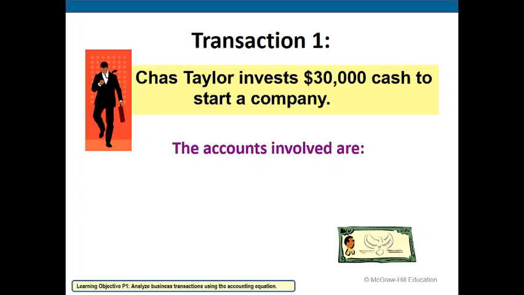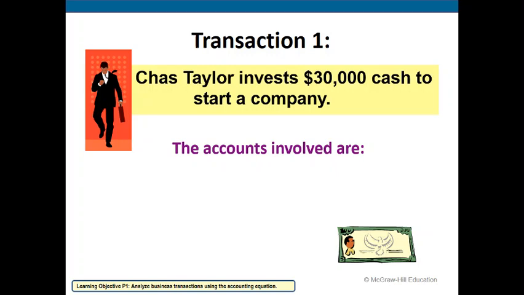Well, him signing that contract is certainly a business activity, but it doesn't change anything in the accounting equation, at least not yet, not till you pay him. So not all business activity affects the accounting equation, I guess is what I'm trying to say. But here, obviously, it does.